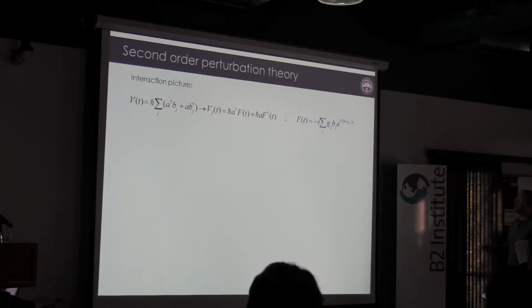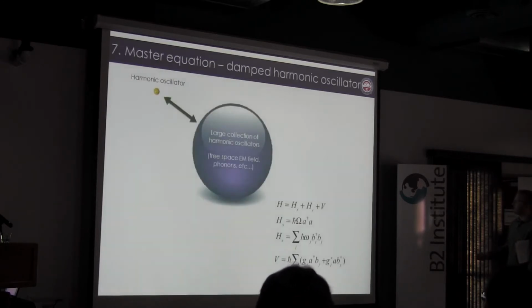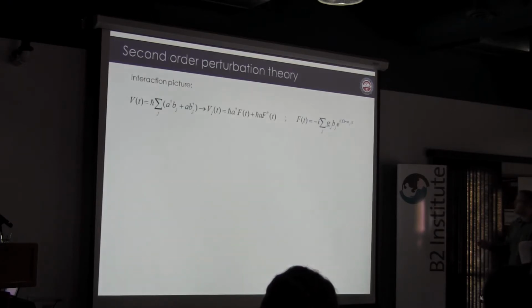So you notice that this interaction factorizes. I can break this into two terms, and I can pull out the A dagger from the first term and the A from the second term. And so what I get is this reservoir displacement operator, which is a sum over all modes. F is the one that annihilates a phonon at each different frequency with a different strength.